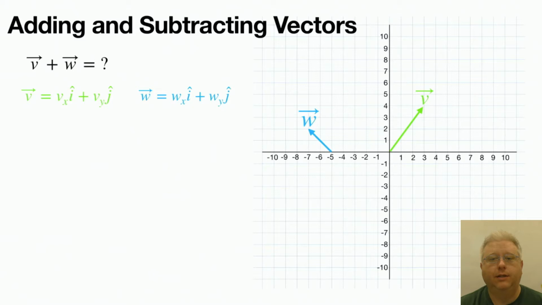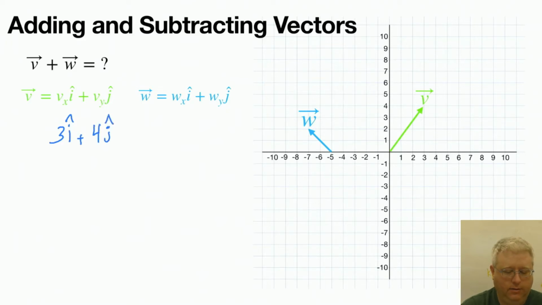So for instance, with vector v, we could say that this vector here is 3 i hat plus 4 j hat. And then w, remember, the x component of w is not -7, it's -2 i hat plus 2 j hat.